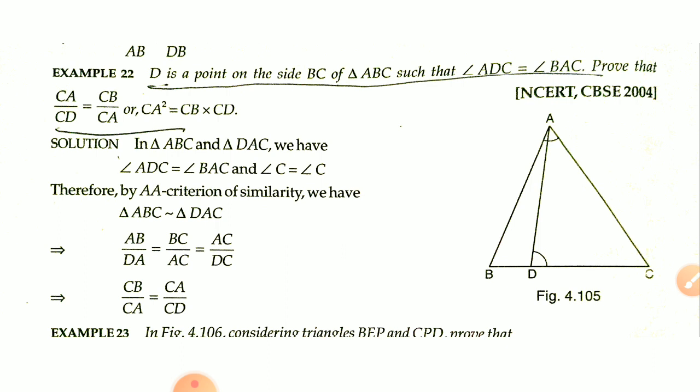Here BC means CB, AC means CA, again AC means CA, and DC means CD. Here second and third ratios are taken, and now if we cross multiply, we get CA into CA, that is CA square, is equal to CB into CD.